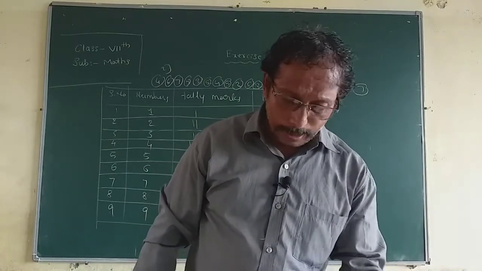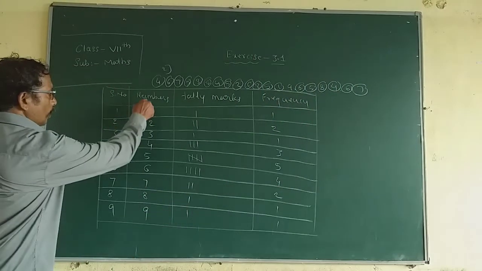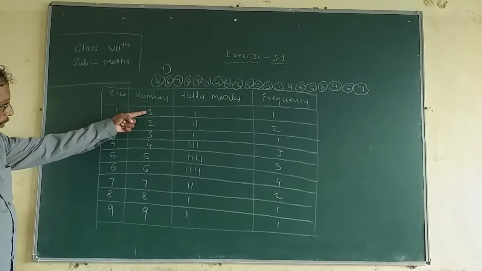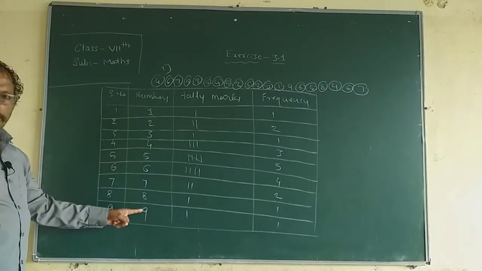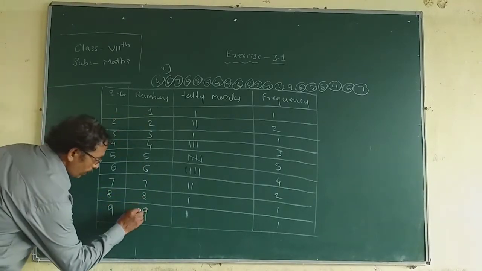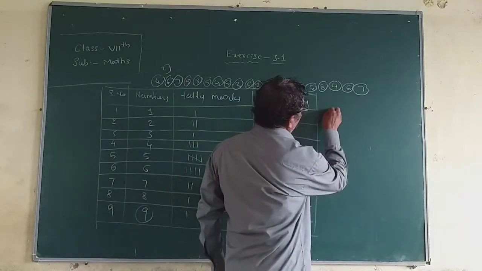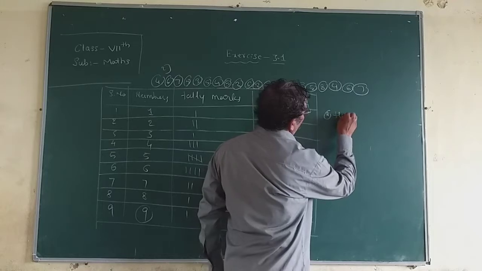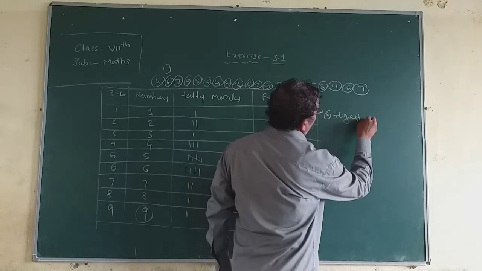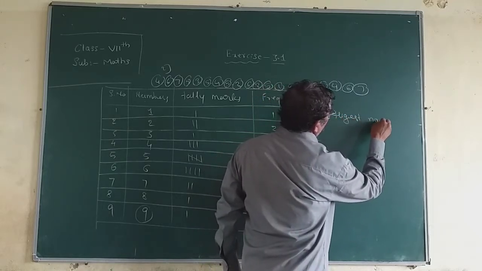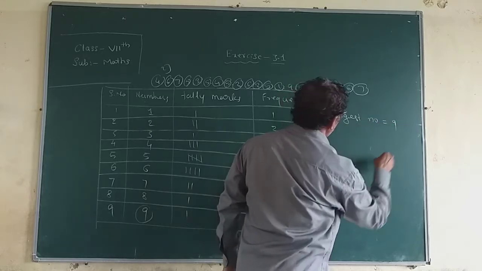which number is the highest? See here, from 1 to 9, these are the numbers. The highest number is 9. Therefore, A, highest number is equal to 9.